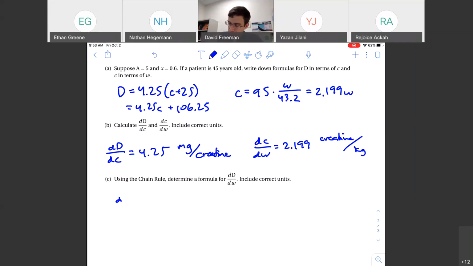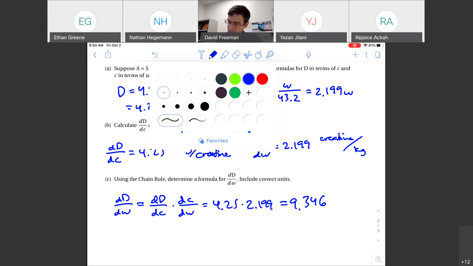Okay, so then what do you do with these pieces? The chain rule says that dD/dW, the derivative of dosage D as a function of weight, is the product of these two intermediate derivatives, which we now know is 4.25 times 2.199, which is 9.346. We'll round it to 3 decimals. And what are the units?